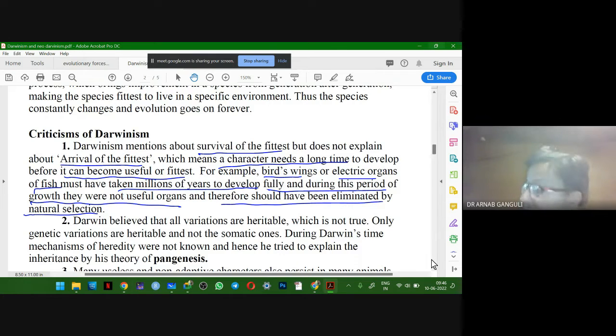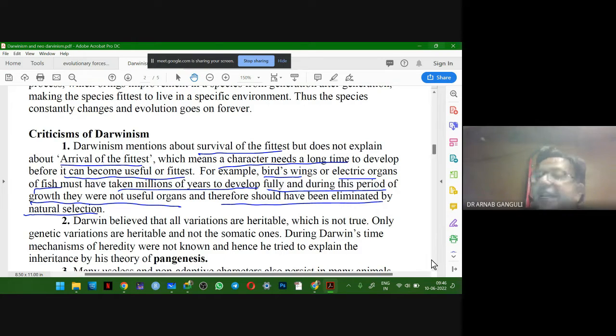That means, say, tomorrow I wanted to fly. For example, if the ancestor of humans had the power of flight, needed the power of flight, some people could jump higher.